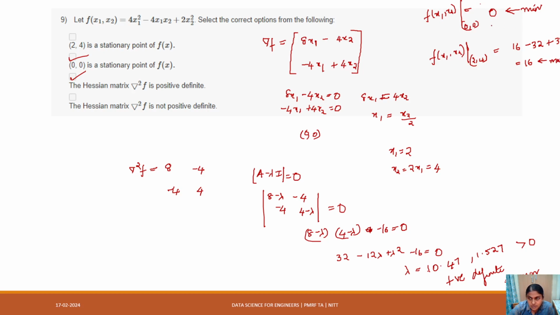Okay, so our current thing is the Hessian matrix is positive definite. This you can't say, but still, looking at these two, this is the minimum value in this case. And you have got your matrix positive definite, so you can tell that your point is 0, 0.